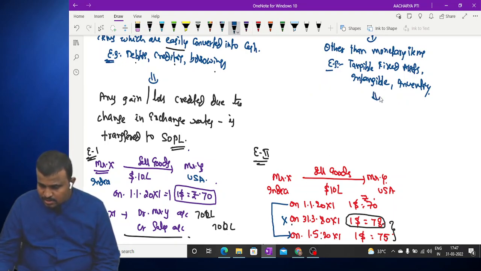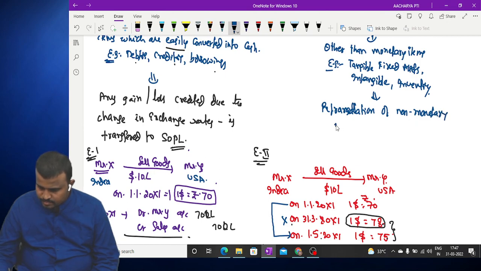And remember, retranslation of non-monetary items is not required.